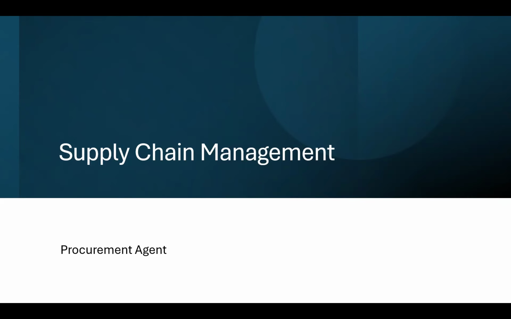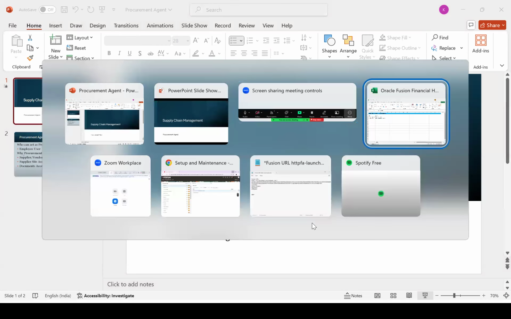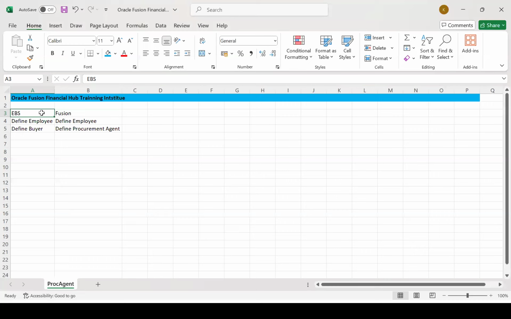Due to some other tasks also, like making some changes at the supplier level, like defining the supplier site and assignment of business unit to the respective supplier sites, right? So for that reason, let's quickly look at the EBS comparison with Fusion which we had.